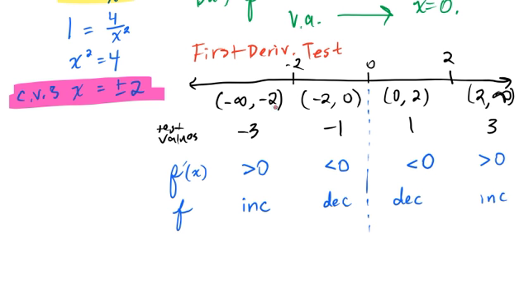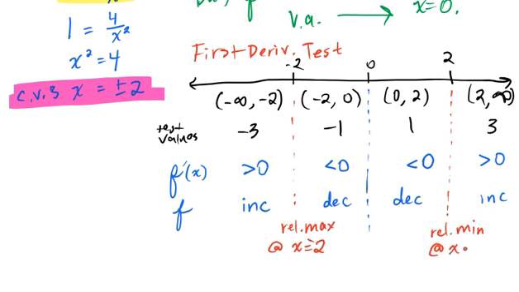So it appears that we have a local or relative max at x equals negative 2 because the function changes from increasing to decreasing at that x value, and we have a relative min at x equals positive 2 because the function changes from decreasing to increasing.